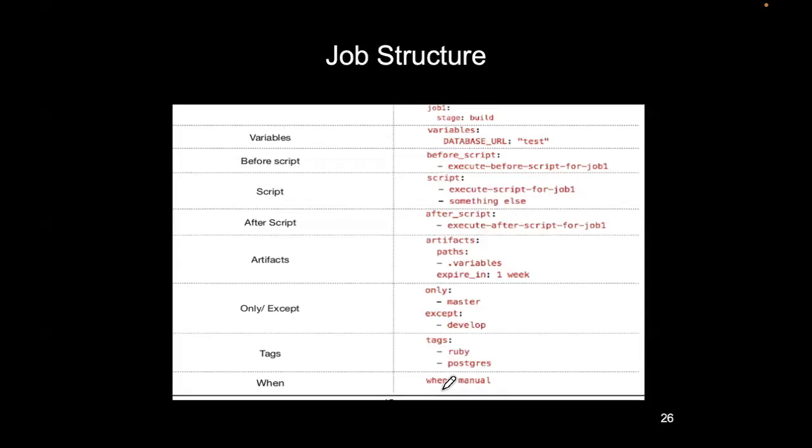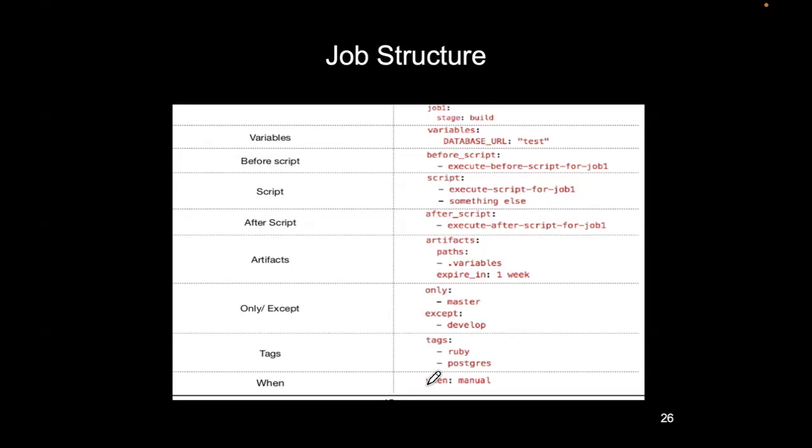So if you have a pipeline made up of 5 jobs, but you have declared that job number 3 has its when option set to manual, what will happen is the pipeline will freeze on job 3. It won't execute job 3 or anything after it. It's essentially waiting for a person to click a button to trigger the execution of job 3.